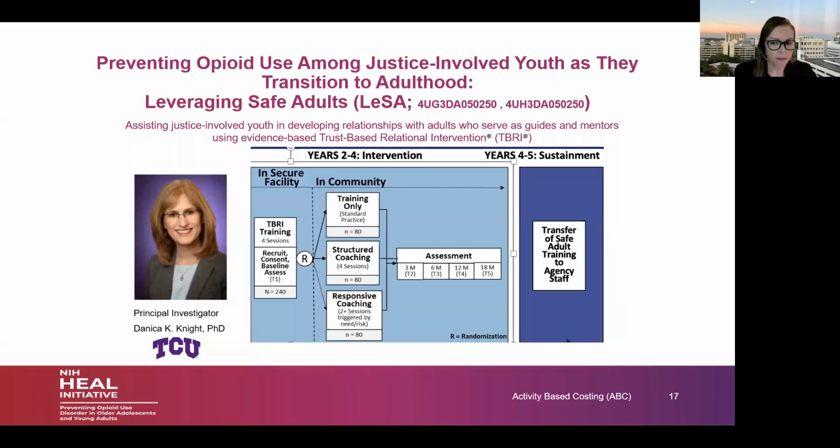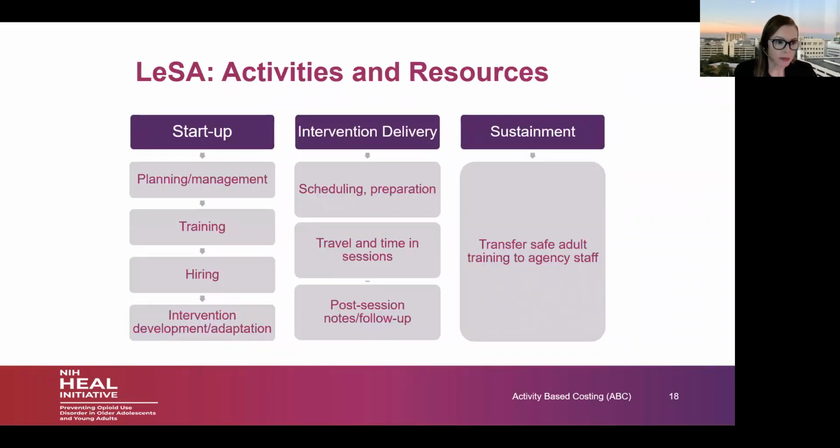Next slide. So for the activity-based costing of LISA, we have focused on these categories that I've mentioned before. So startup, which is mostly planning and management meetings, training, hiring, and intervention development and adaptation.